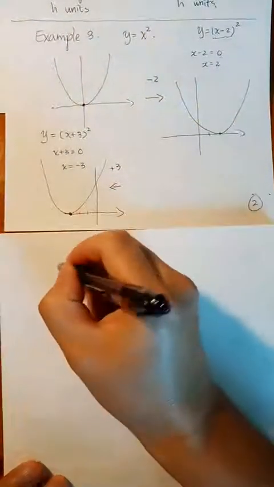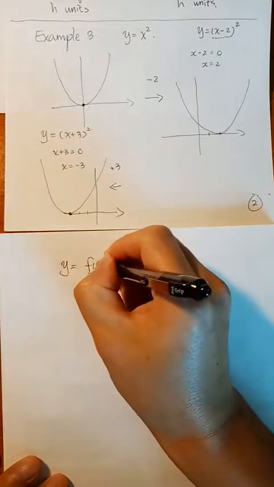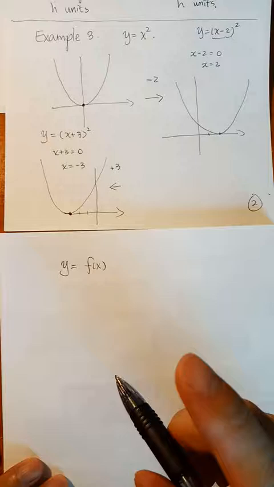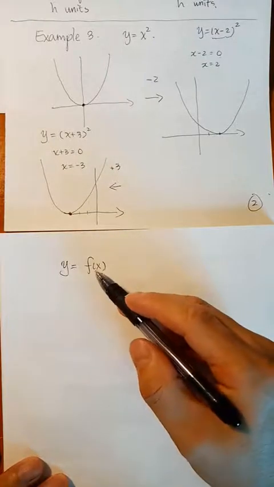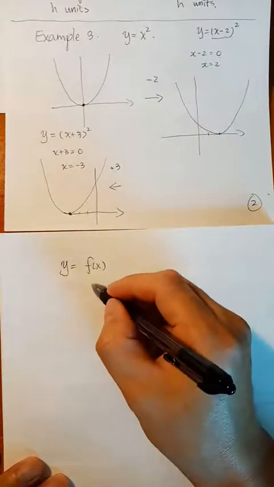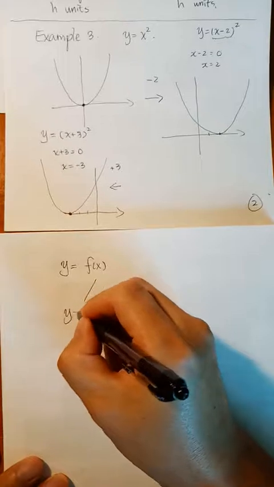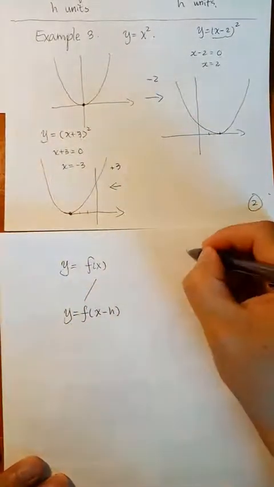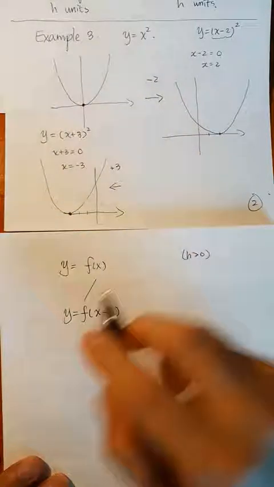So to make it abstract, we have the following. Originally you have f(x). Now we are trying to manipulate x. So we have 2 cases. If you have f(x minus h), where h is positive. We always consider h positive.